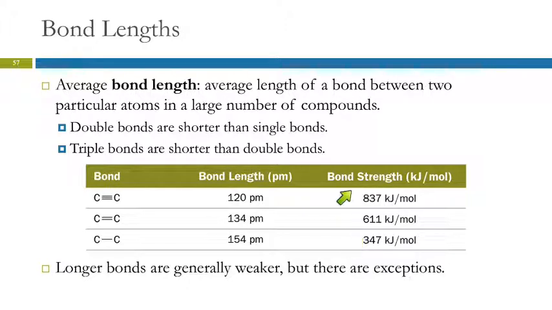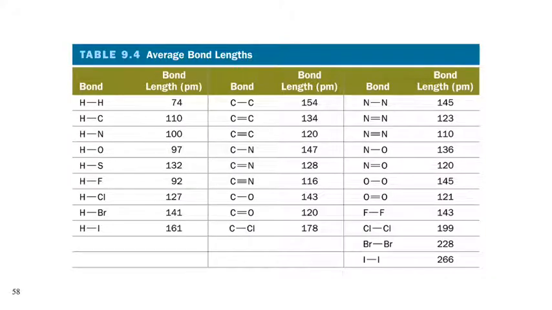And we see a related trend in bond strength. The shorter bond is the strongest bond, and the longest bond is the weakest bond. There are, of course, exceptions, but it's a general trend. We can look up bond lengths in a table as well. There they are.